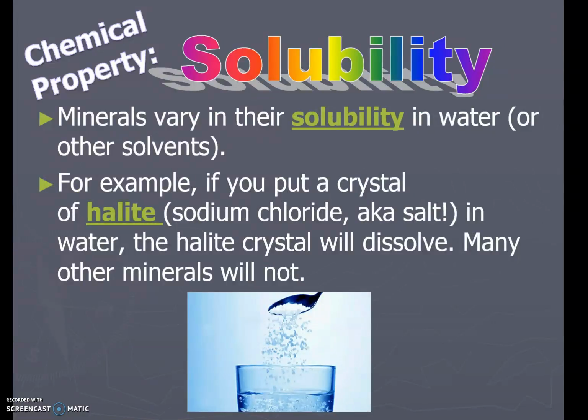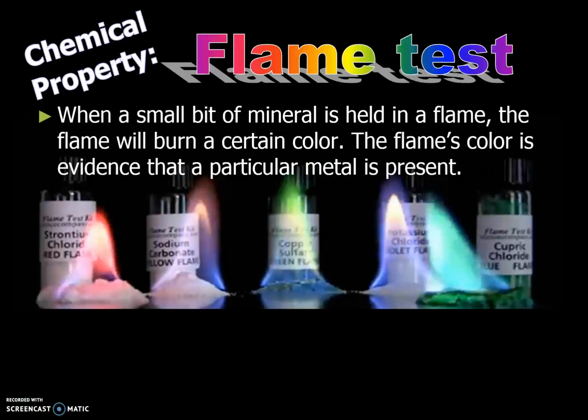Another chemical property is solubility. Some minerals dissolve in water, which is their solubility. For example, if you put a crystal of halite, which is sodium chloride, commonly known as salt, perhaps sitting in your kitchen right now, the halite crystal will dissolve. Many other minerals will not. Another chemical property is a flame test.